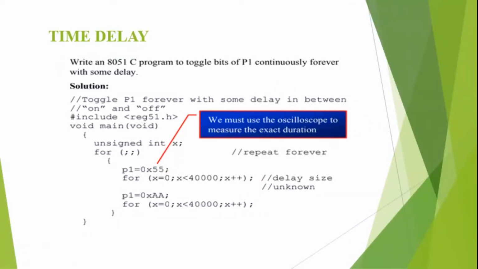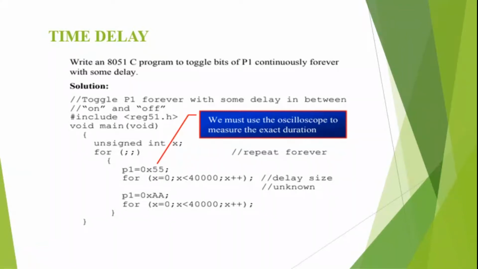Write an 8051 C program to toggle bits of port 1 continuously with some delay. In the main function we have the variable x declared as unsigned int. Since P1 has to be toggled continuously, in the for loop there is no condition mentioned.